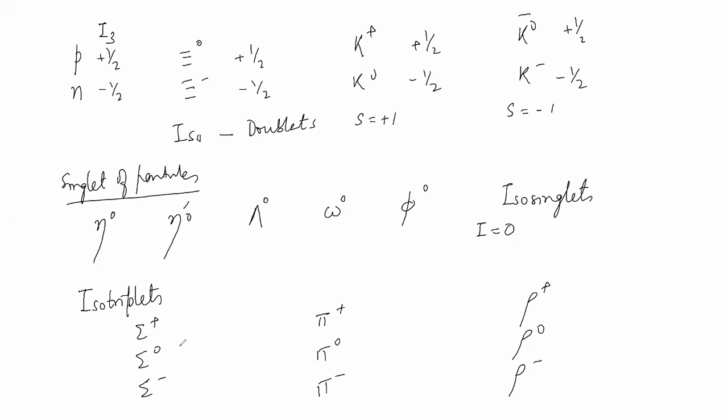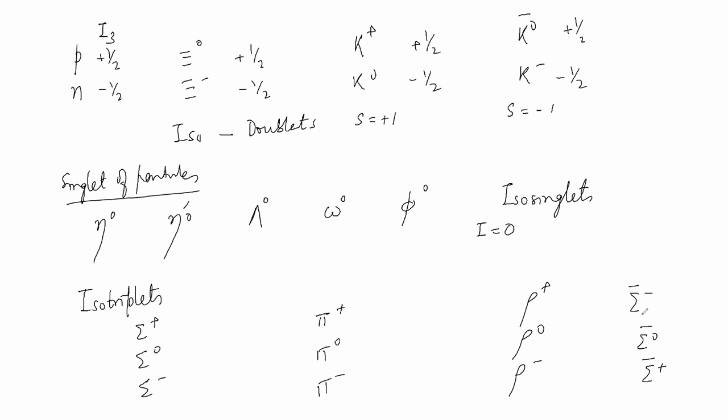Now sigma plus is a baryon and sigma minus is also a baryon. Cascade 0 is a baryon and cascade minus is also a baryon. Proton is a baryon and neutron is also a baryon. They are not anti-baryons. Therefore, the antiparticle of sigma plus is sigma plus bar. Sigma 0 is sigma 0 bar. Sigma minus is sigma minus bar.